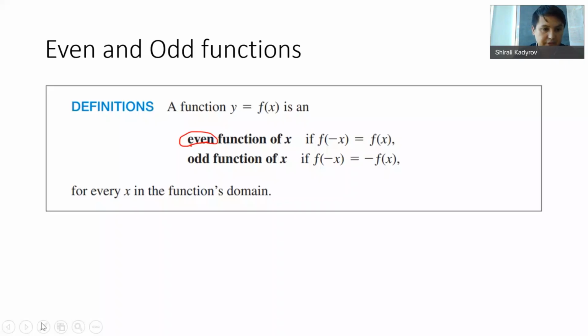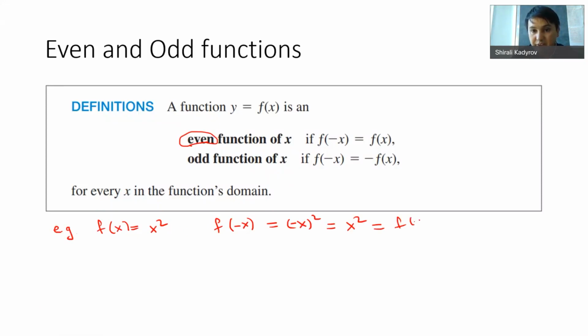So let me give an example for the even. Take, for example, f of x equals x squared, a parabola. Let's check if this condition, f of minus x equals f of x, holds. Well, let's start from f of minus x. What is f of minus x? It's minus x, squared, but minus times minus will cancel, so it becomes x squared. And what is x squared?